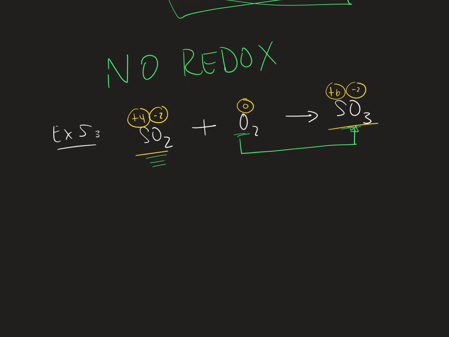So this one is reduced. Which one is oxidized? Sulfur. Because it loses electrons. The other one gains, that's why it's reduced.